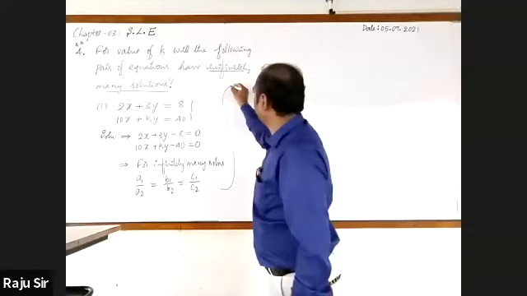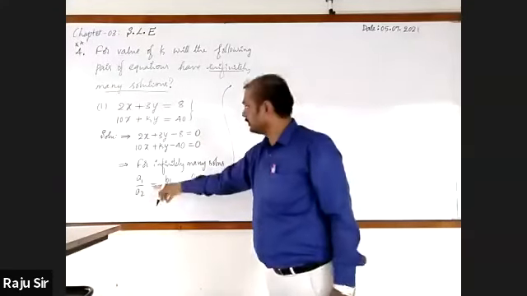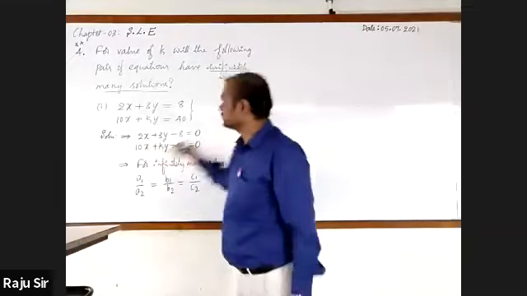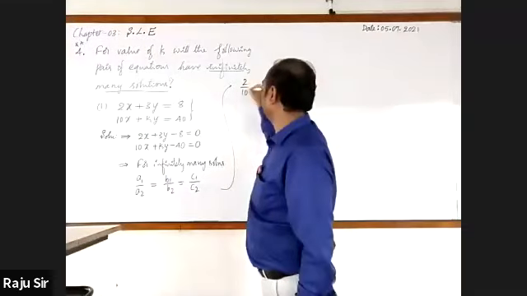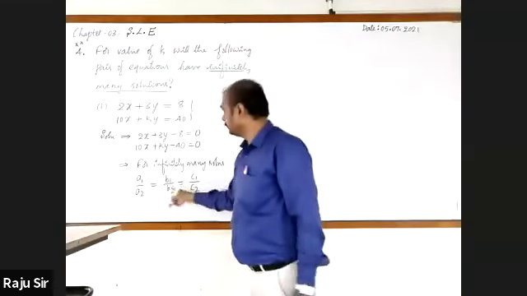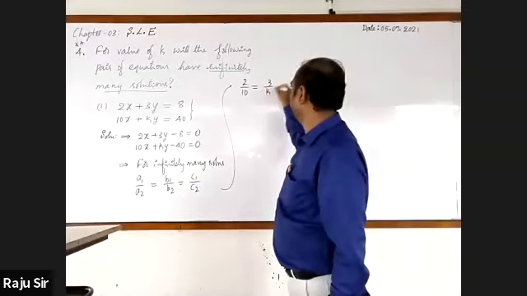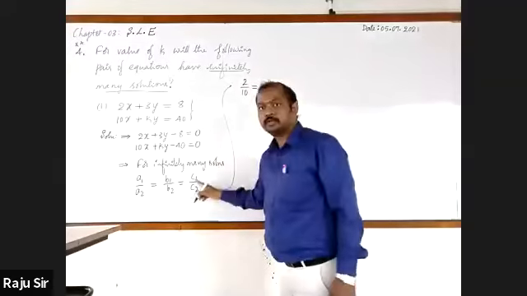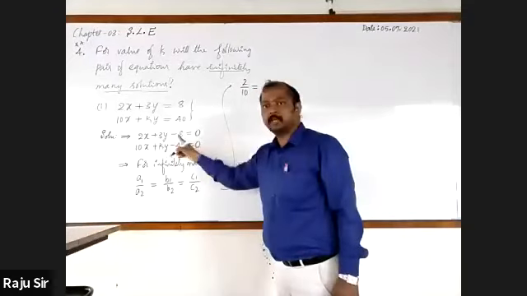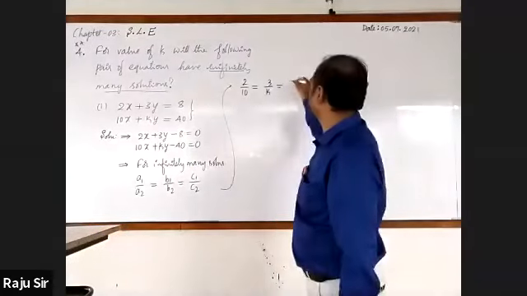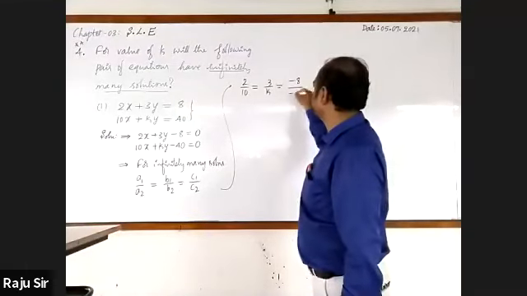Now let me substitute these. A1 by A2 is 2 by 10, equal to B1 by B2, which is 3 by k, equal to C1 by C2, which is minus 8 by minus 40.